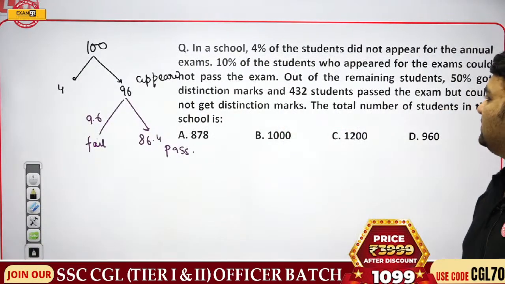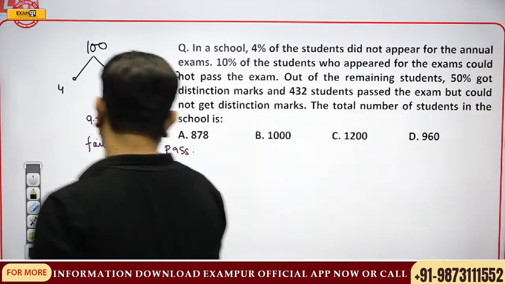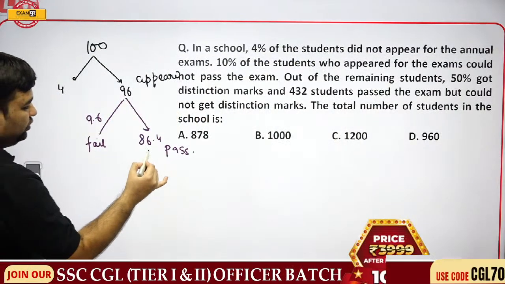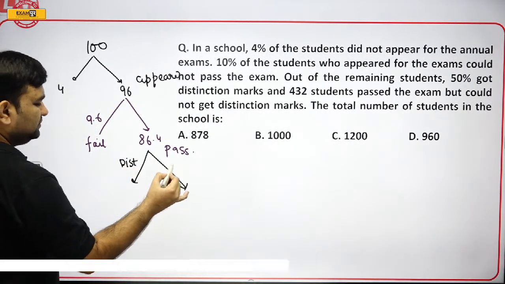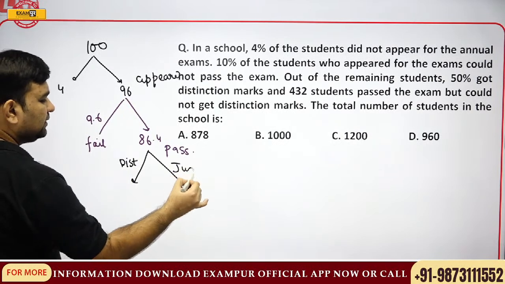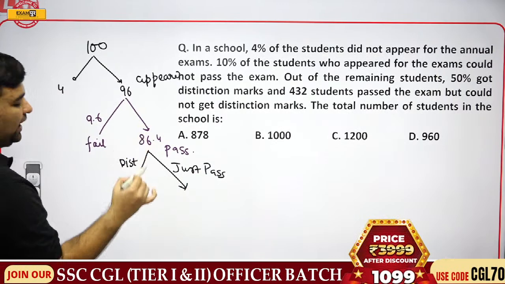Out of the remaining, 50% got distinction. The students who pass either get distinction or just pass, so they are both half-half.